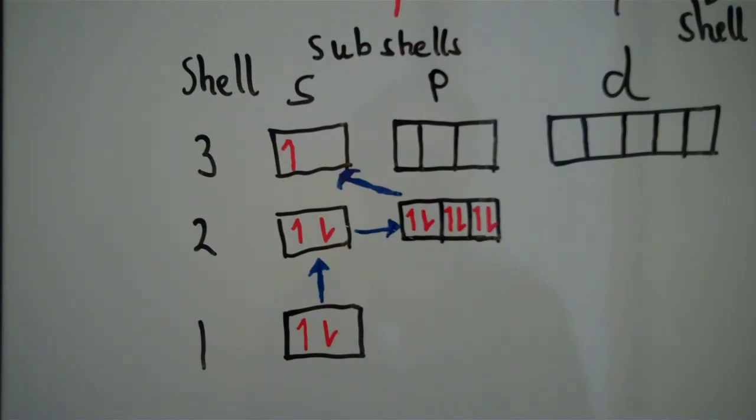One is called P and the third one is called D. And P has of course 3 orbitals for a pair of 2 electrons each, while subshell D has 5 orbitals with 2 electrons of opposite spin each, so it has space for a total of 10 electrons.